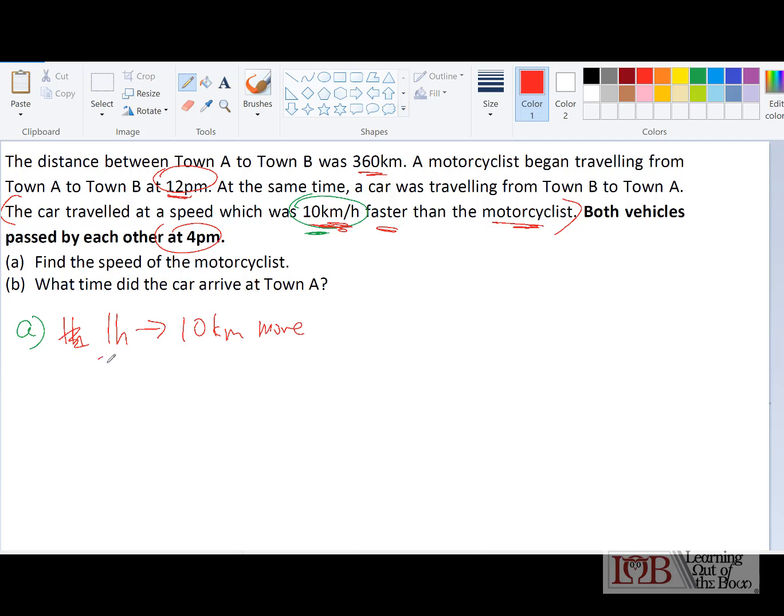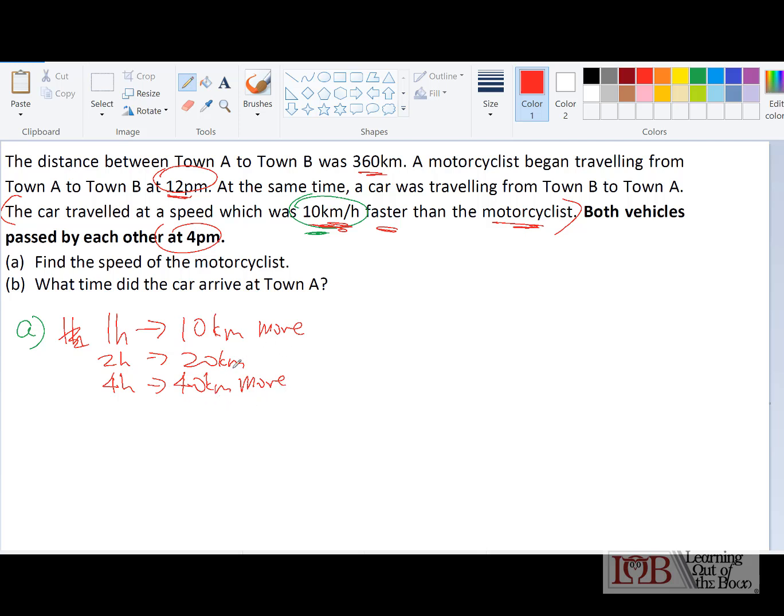So 2 hours you have 20 km, and then 4 hours you have 40 km more. Yeah, 40 km more. So that means the car has traveled 40 km more than the motorcyclist.